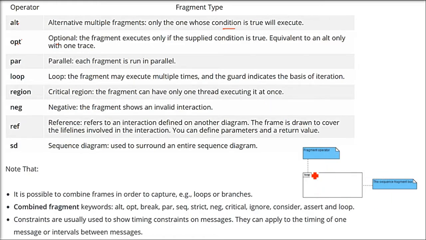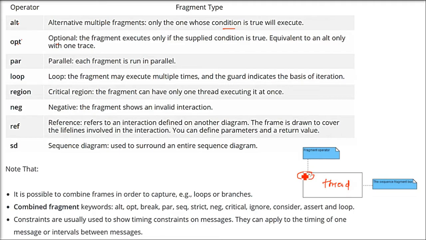Parallel means each fragment is running in parallel, simultaneously. Loop is already there if you want to run this fragment multiple times. So we will have a guard condition, because every loop has some condition to start and to end. Then we have region, that is, only one thread is allowed to execute, a critical region.